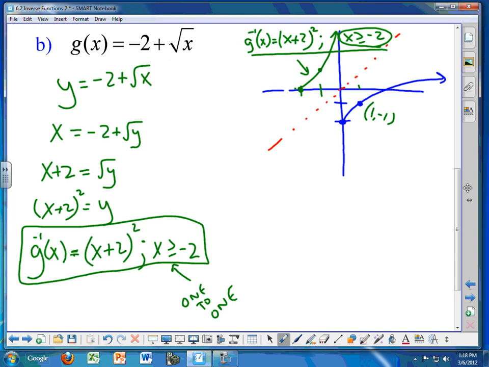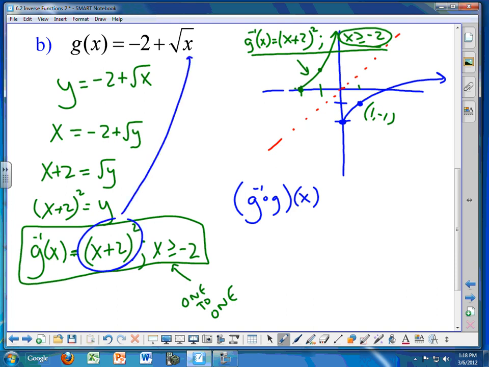And lastly, we're going to verify this. This time I'll kind of mess us up a little bit: g inverse of g of x. I'll just do that for fun. In this case, the g inverse, which we found down here, is going to go into here. And it turns out that the verification looks just like the last problem.